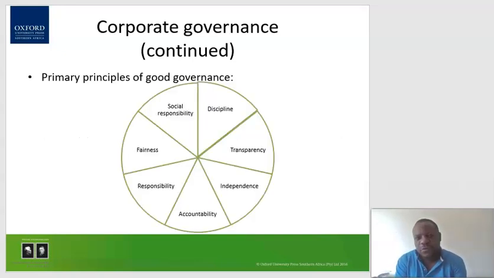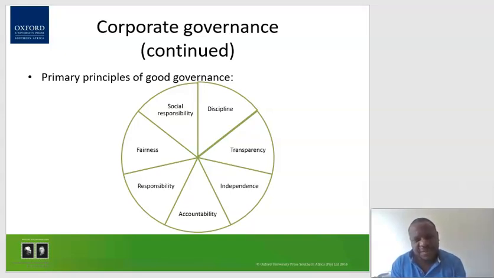Then there are also primary principles of good governance. I know sometimes we take this for granted and we assume that it is very clear. We all understand what this means. But it's important that when you find time, you also go and read them in detail, from page 159 to page 160 of the prescribed textbook.